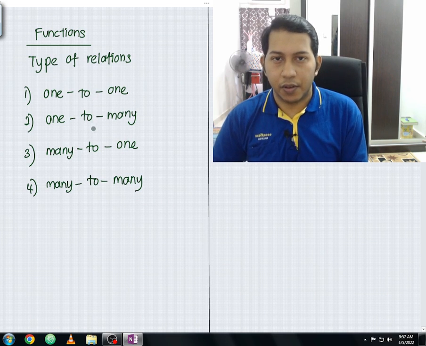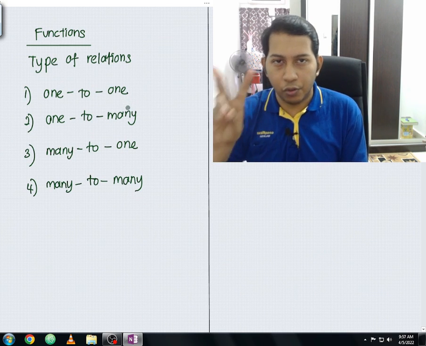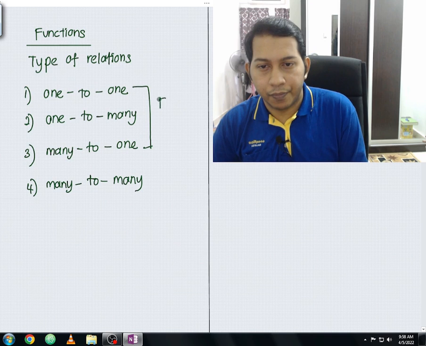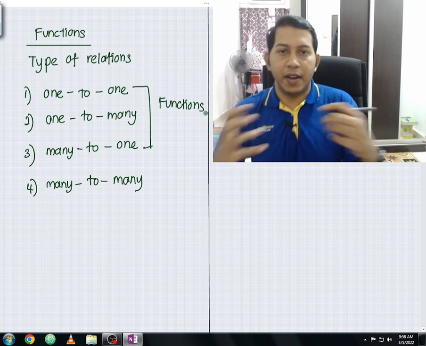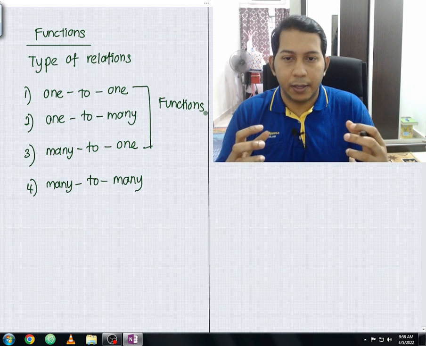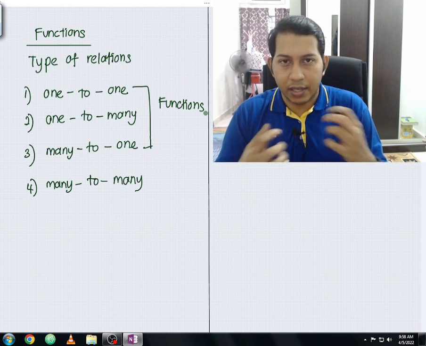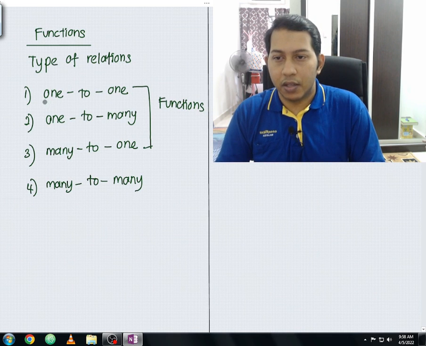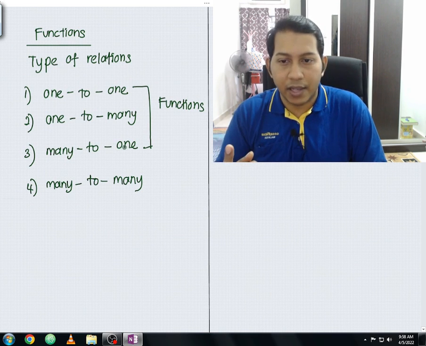Out of these 4 types of relations, only 2 are considered functions. What is the meaning of defining as a function? Let's say you have a specific variable as an input, and it comes out as a proper output: you have one object and it comes out as one image, or you have many objects and it comes out as one image.